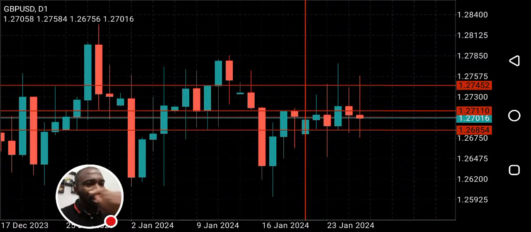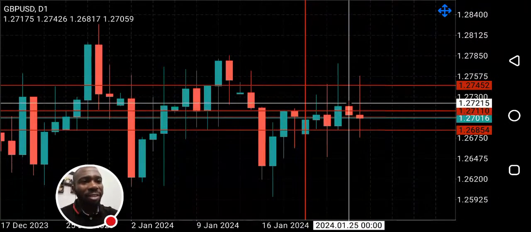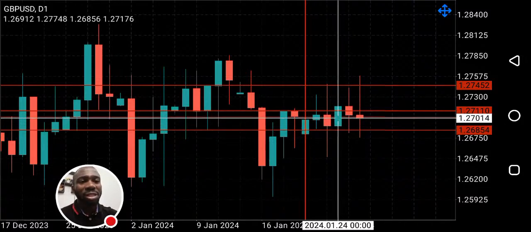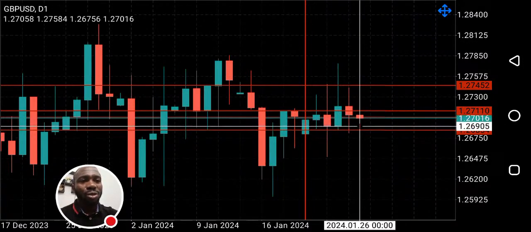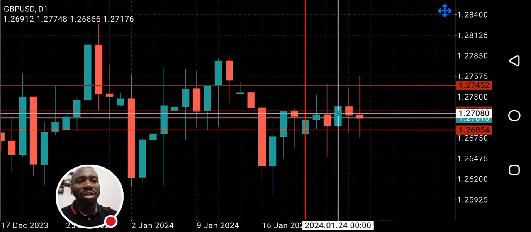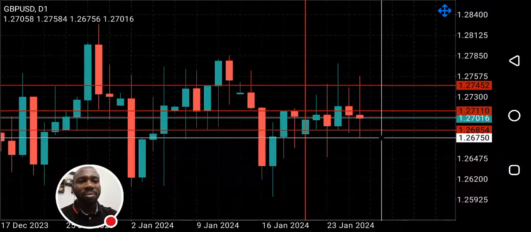But you can see the candle that closed after that shooting star didn't close below the low of that shooting star. Then the next candle that closed after this bearish candle still didn't close below the low of this bullish shooting star. So the sell bias is not confirmed.